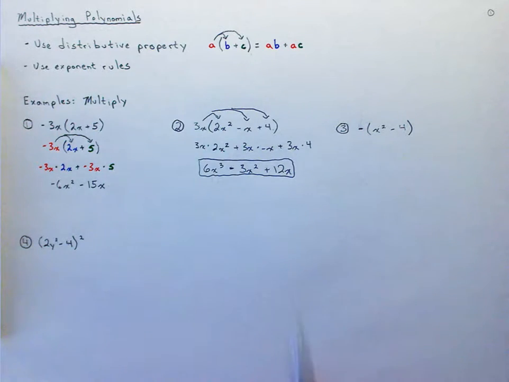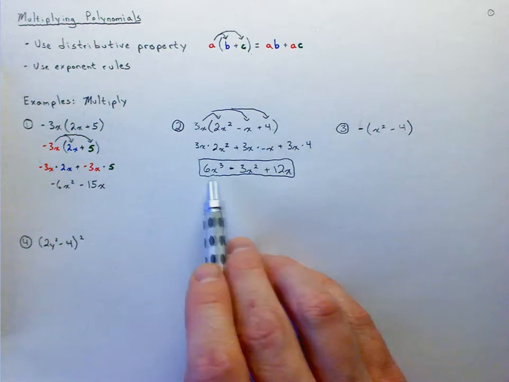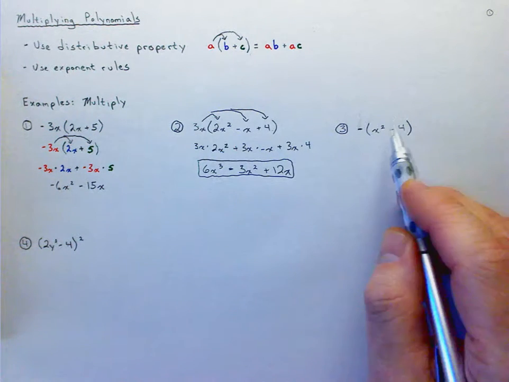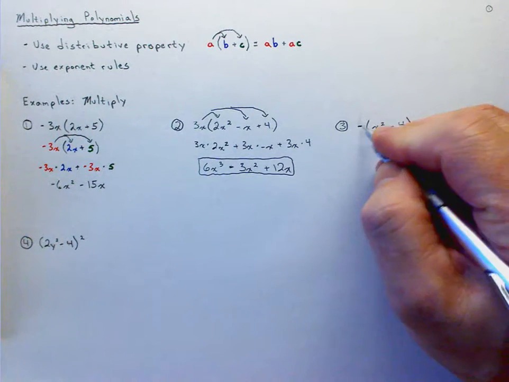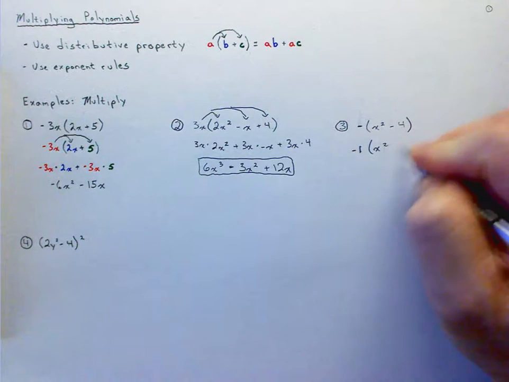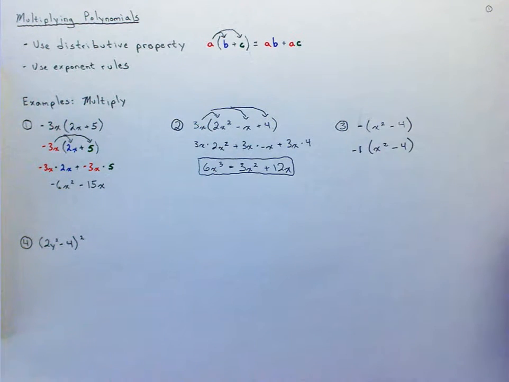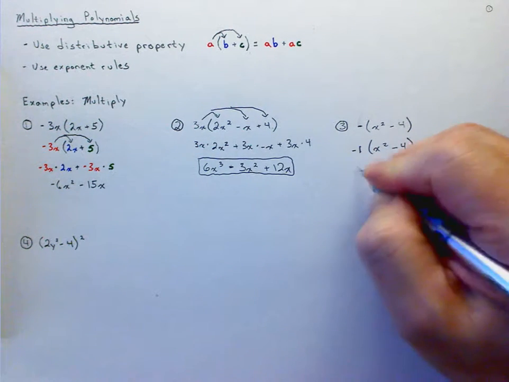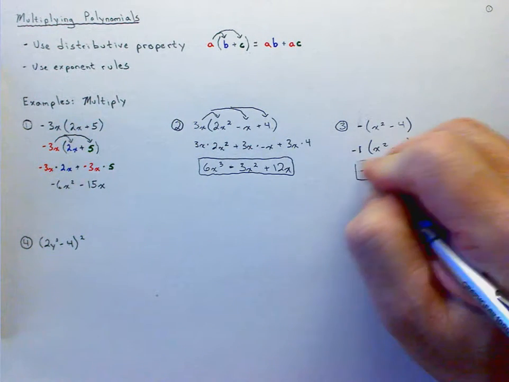All my signs stayed the same as in my trinomial because I didn't multiply by a negative. With this one here, I understand just this negative sign to be a negative 1, so I'm going to distribute a negative 1 through there. Anytime you multiply through by a negative 1, it flips the signs. So that's what I'm left with.